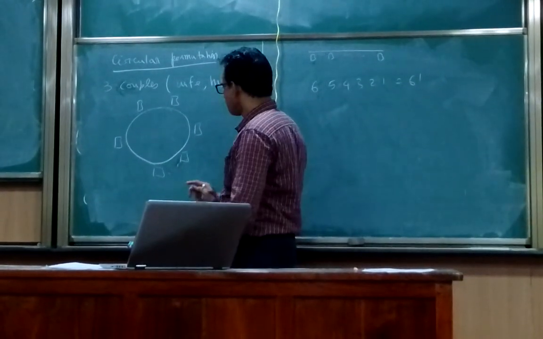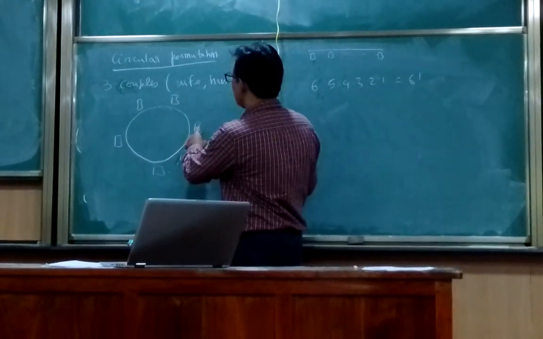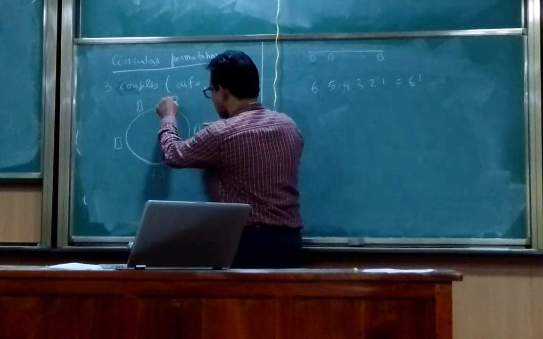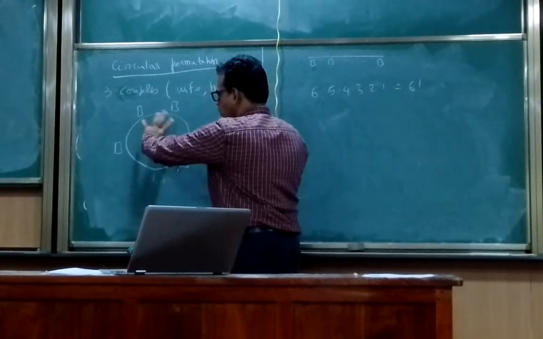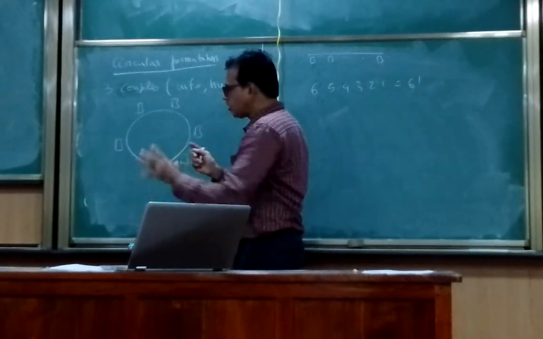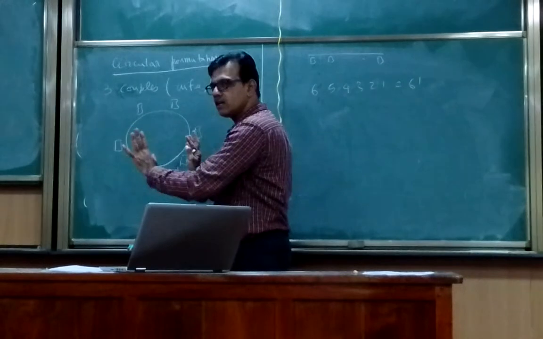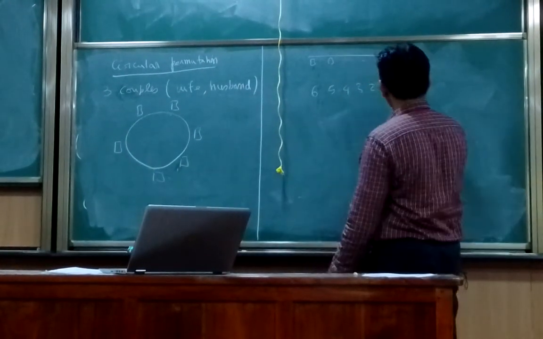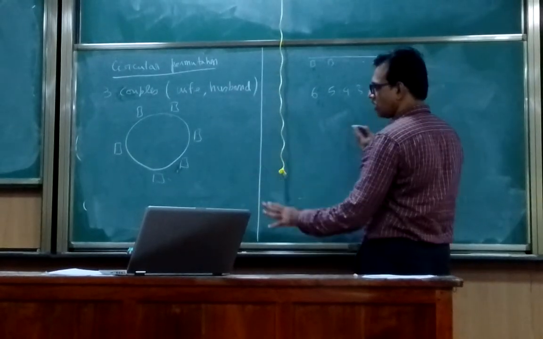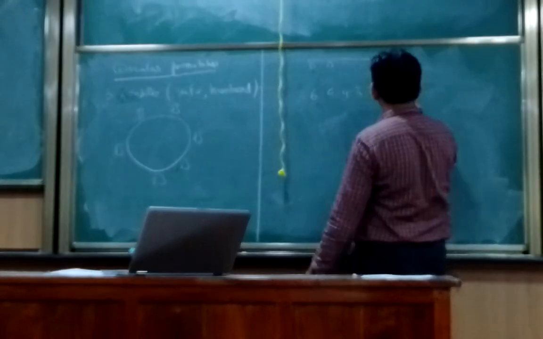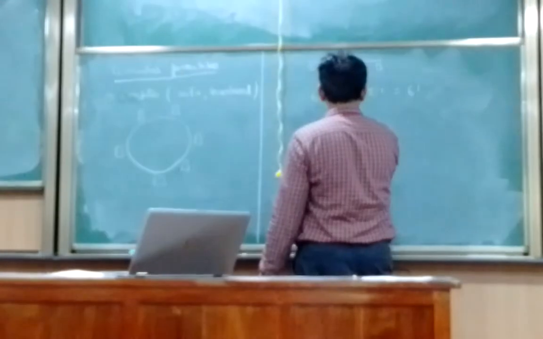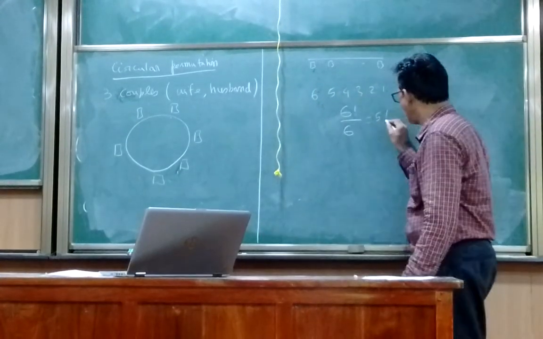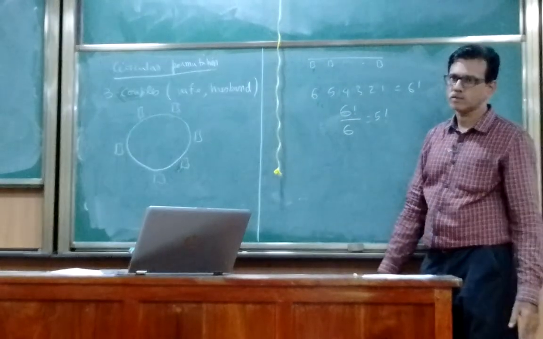Other than that, if the first couple's wife sits here and then we make this arrangement, or sits here, if you do a circular shifting like this, there are 6 ways of shifting and all will look the same. So in this case, the actual number of distinct arrangements for a circular one is only 6 factorial by 6, that is, 5 factorial distinct ways of arranging in a circle.